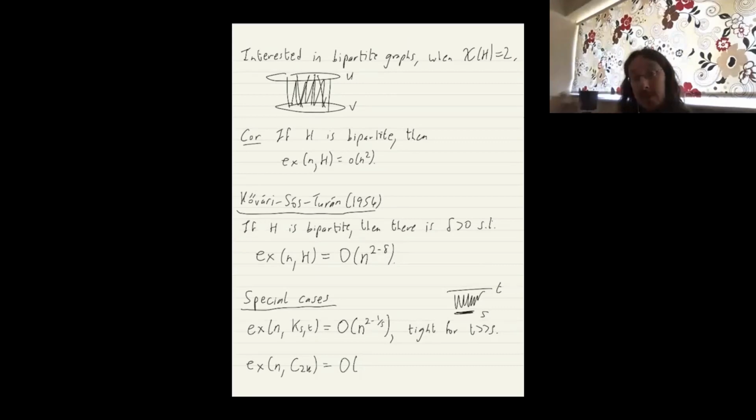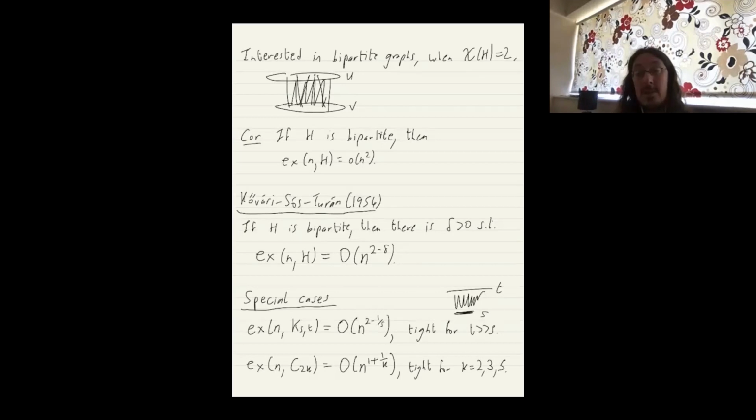So somehow it becomes easier to find longer cycles. So the extremal number is at most some constant depending on k times n to the 1 plus 1 over k. And this is tight as well, but it's only known to be tight for k equal to 2, 3, and 5. Somehow the other cases, we really have no idea what's happening.